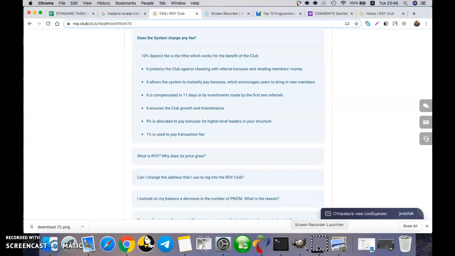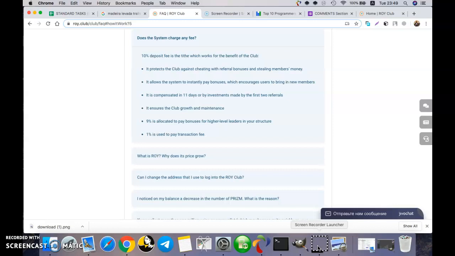But also, if during that period you get two referrals and register them and they do make a deposit, then the deposit bonuses will be able to recover that 10% that was removed for the Roy Club and maintenance of the bonuses within the club.